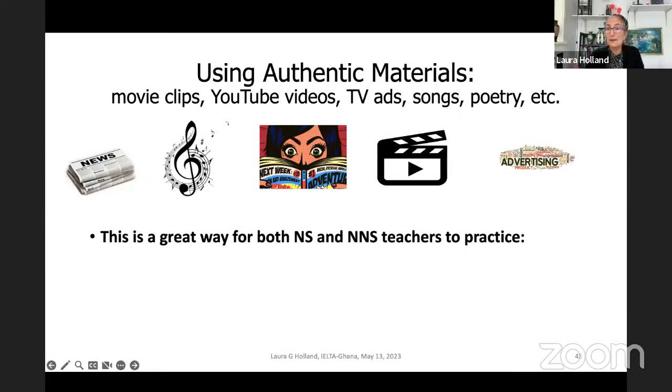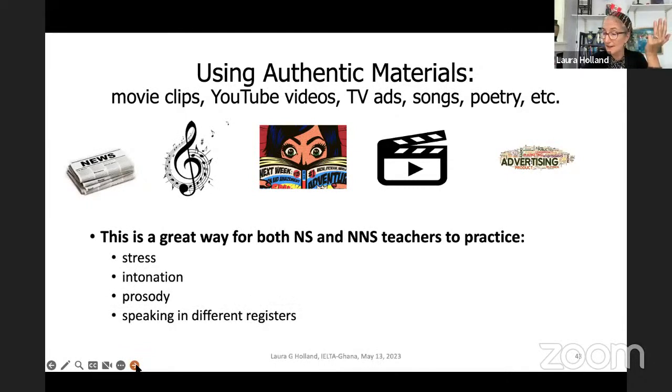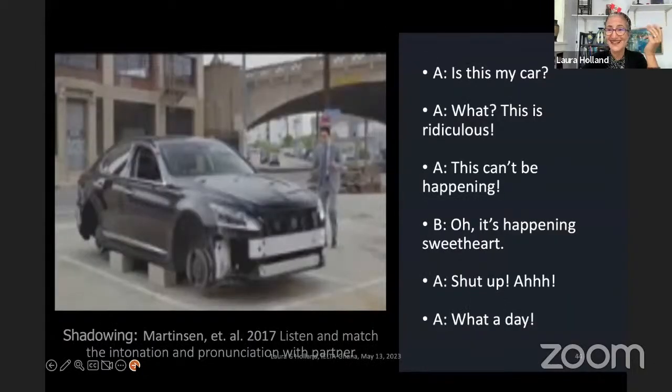It's created for people in the culture, right? So that's when we're using movies and YouTube videos and songs and poetry and TV advertisements. And this is a really great way for both native speaking and non-native speaking teachers to practice stress, intonation, prosody, speaking in different registers, and so on.